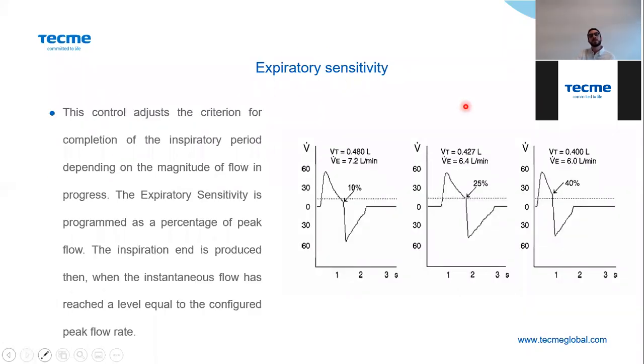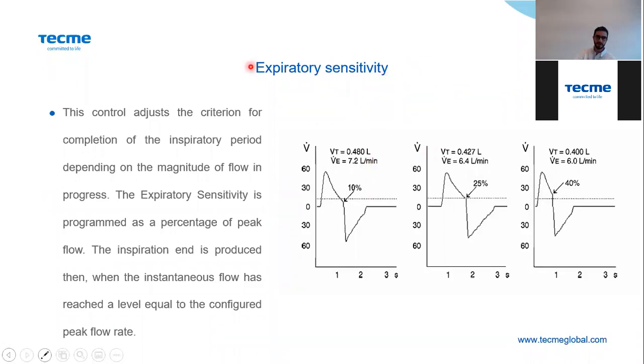But the new variable here is the expiratory sensitivity. This control adjusts the criterion for completion of the inspiratory period depending on the magnitude of the flow in progress. So you set this parameter as a percentage of peak flow.